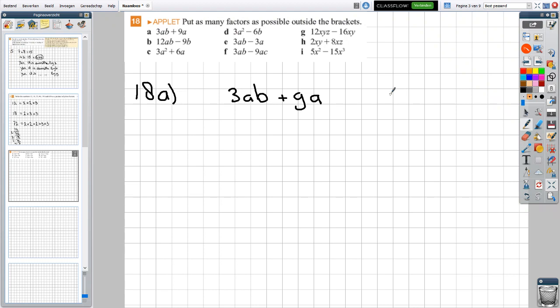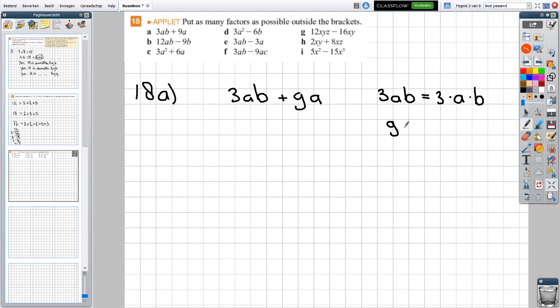Remember, you don't have to write this down every time, but certainly in the beginning it's nice to help yourself by writing it down like this. So you could say 3ab written down in prime factors is 3 times a times b. 3 is a prime number already, and a and b, that's just the letters.